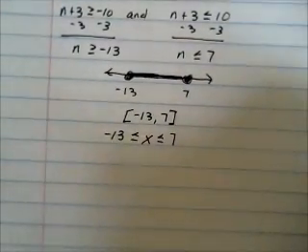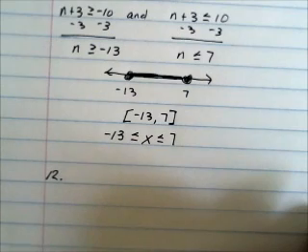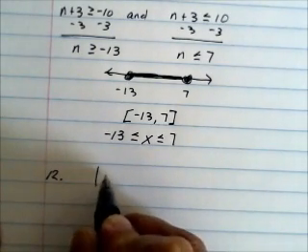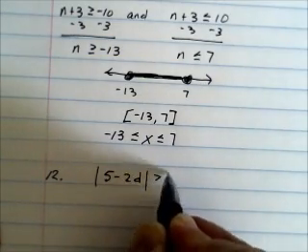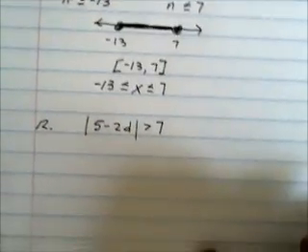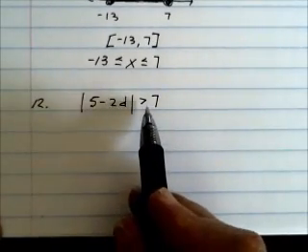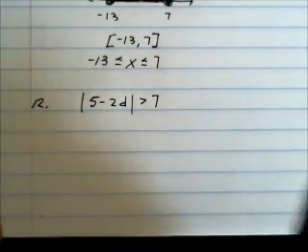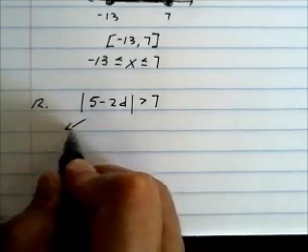Next problem is number 12, and this is another inequality. The absolute value of 5 minus 2d is greater than 7. It's greater than, so remember that it's an 'or', and our shading is going to be in opposite directions, to the outside of the numbers.